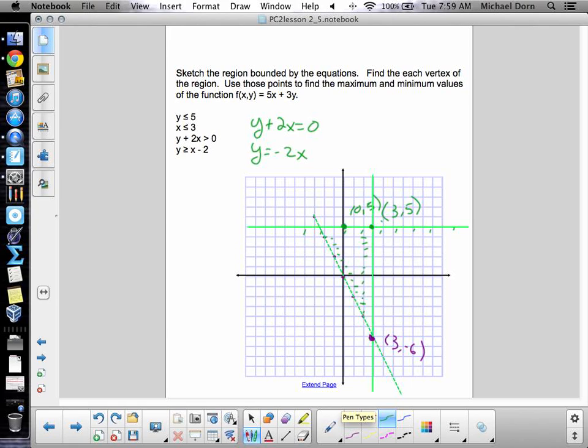Fourth inequality, y is greater than or equal to x minus 2. So intersection at negative 2. I'll do this in the blue, in the purple. Yeah, let's do it in red. I haven't done red yet. There you go. Slope is 1. So up 1 over 1.